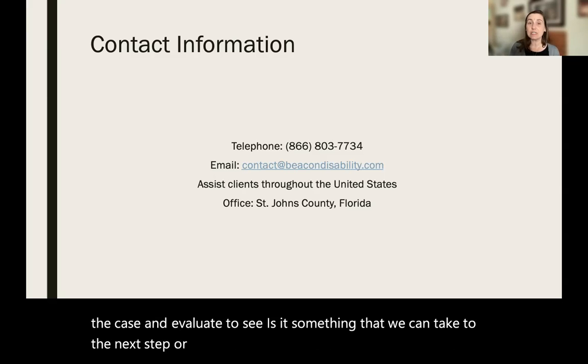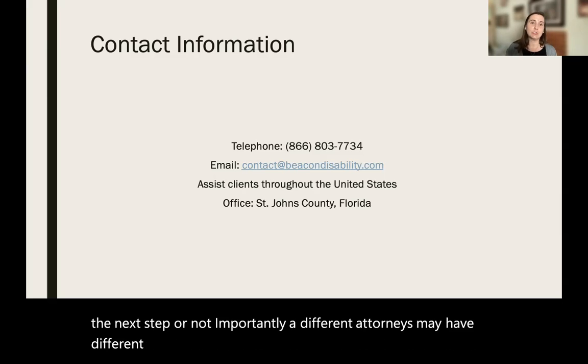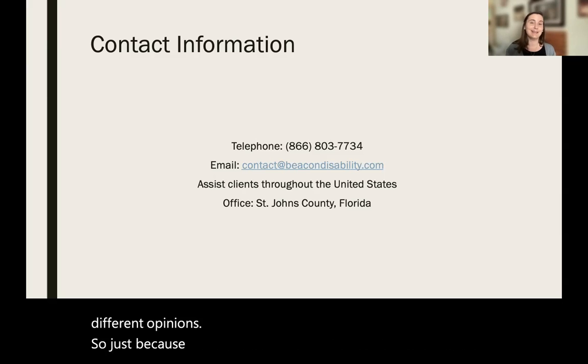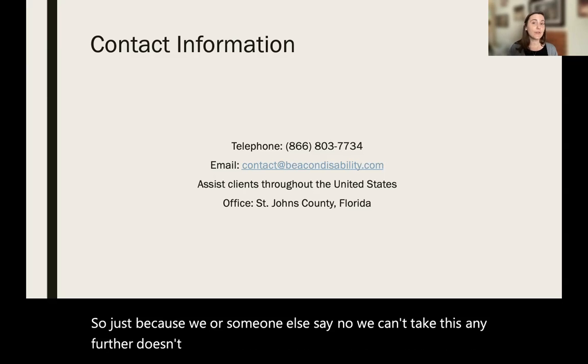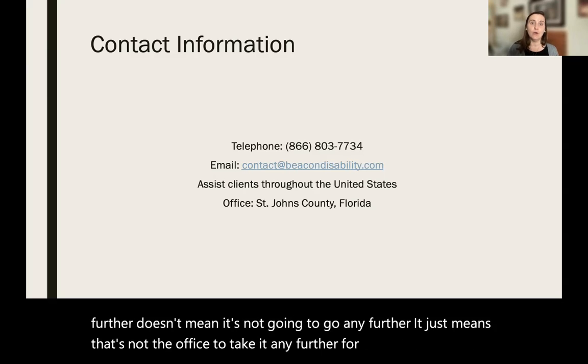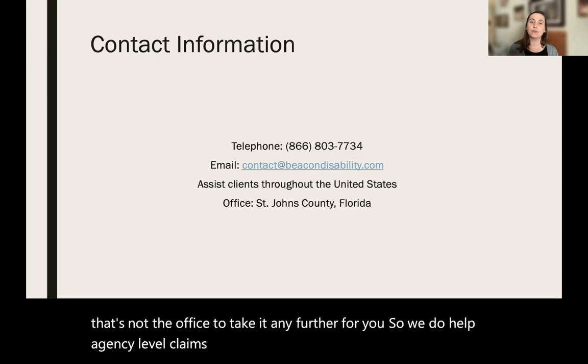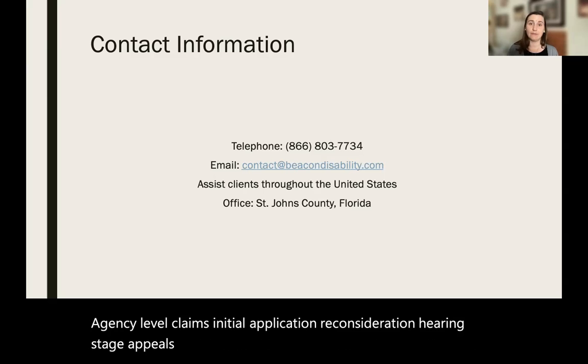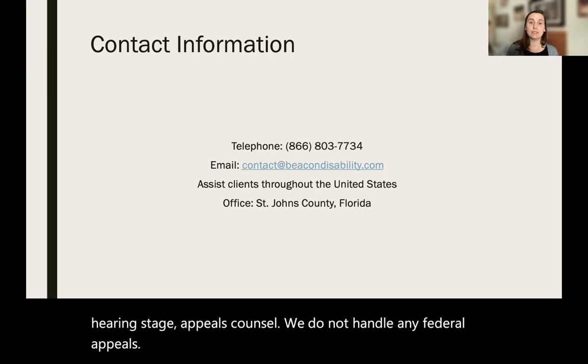Importantly, different attorneys may have different opinions. So just because we or someone else say no, we can't take this any further, doesn't mean it's not going to go any further. It just means that's not the office to take it further for you. So we do help with agency level claims: initial application, reconsideration, hearing stage, and appeals council. We do not handle any federal appeals. Unfortunately, it's just not something that we do at this time.